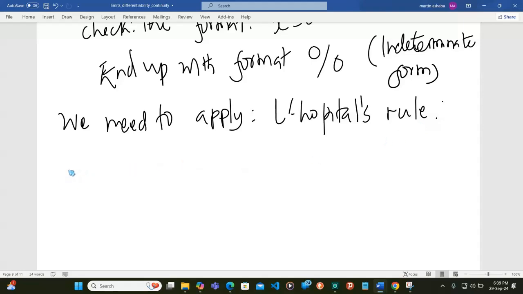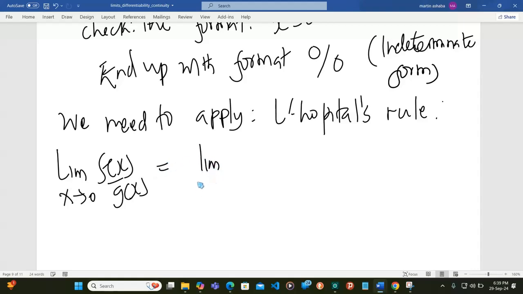So what does it say? If we are limiting a function f of x out of g of x as x tends to 0, this is the same as limiting as x tends to 0 of the first derivative of the function divided by the first derivative of the denominator function.